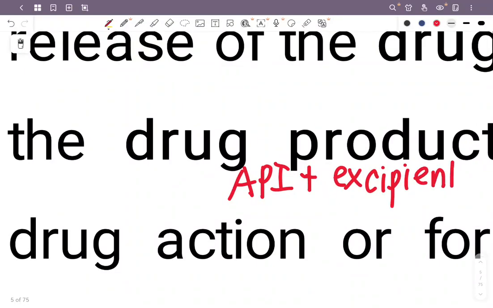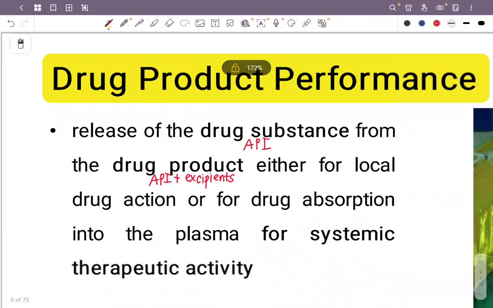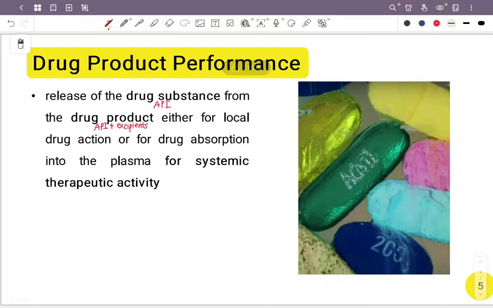So, the drug product is our dosage form, such as tablet, capsule, syrups, patches, etc. Drug product performance refers to the release of the drug substance from the drug product, either for local drug action or for drug absorption into the plasma for systemic therapeutic activity.